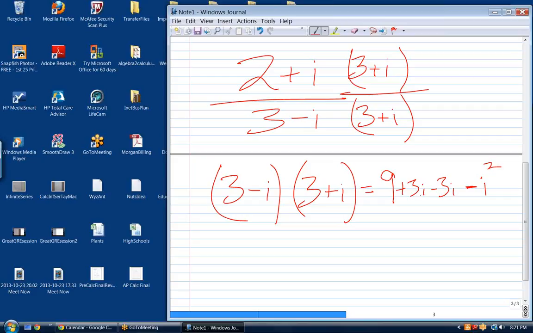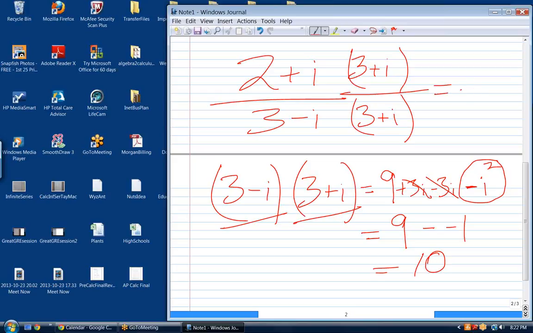Notice the two middle terms disappear, and this term always turns into a real number. i squared is minus 1. So our answer becomes 9 minus a minus 1, or 10. So when you multiply a complex number by its conjugate, it turns real.